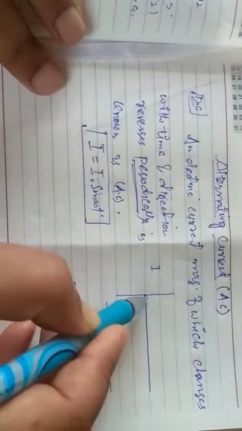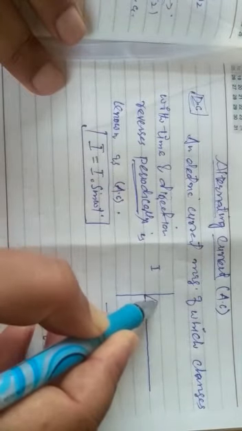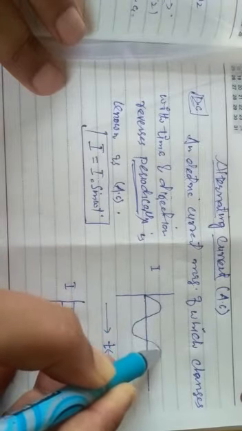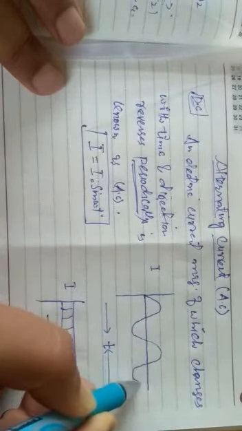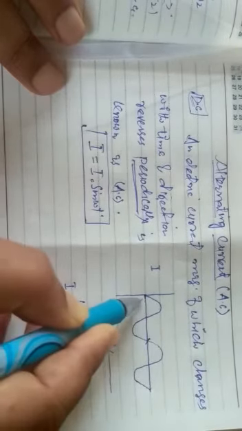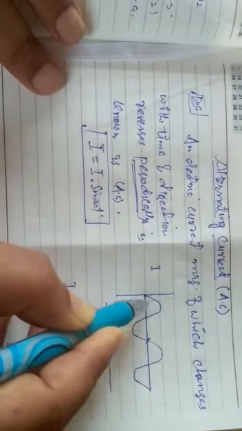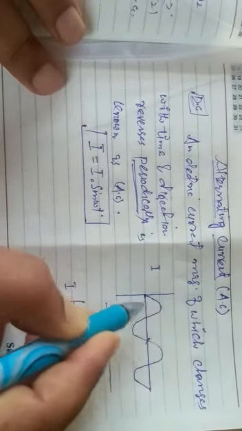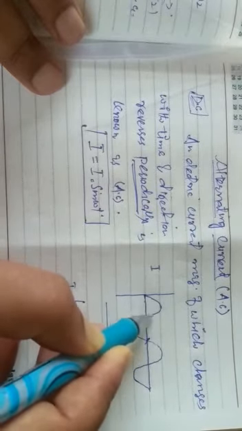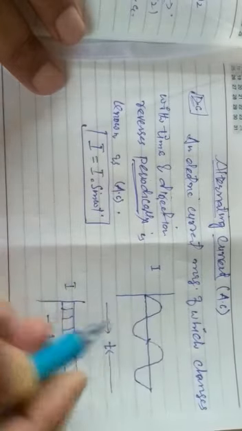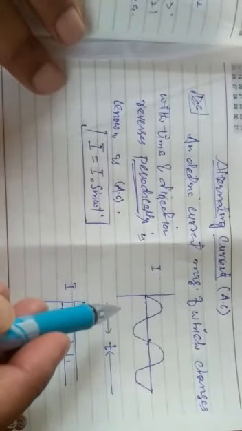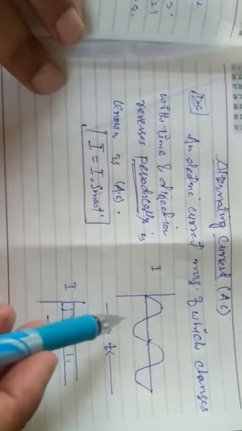But if I draw it like this, at this time this is the magnitude, at this time this is the maximum magnitude, and at this time the magnitude is zero. So here the magnitude changes continuously with time.